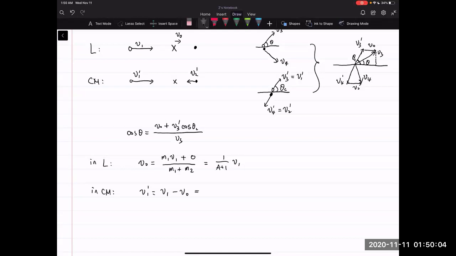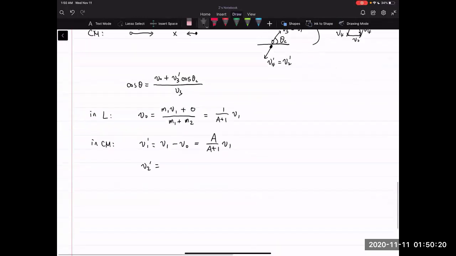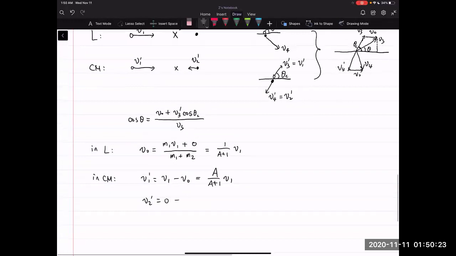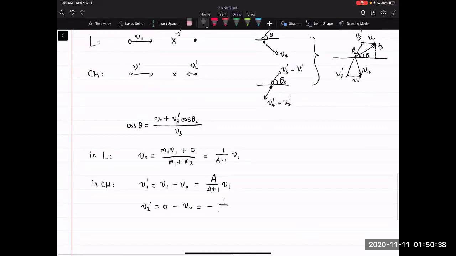This is 1 minus that, so this is equal to A over A plus 1 times V1. How about V2 prime? Same thing, it would be 0 minus V0. The target particle is at rest in the lab frame, but in the center of mass frame, it's minus V0, so negative 1 over A plus 1 times V1.